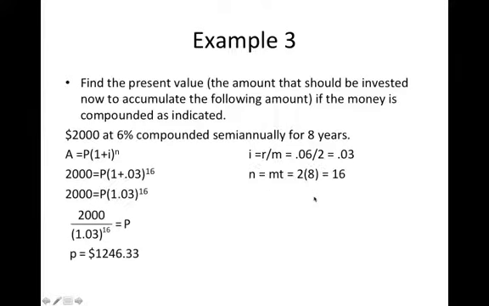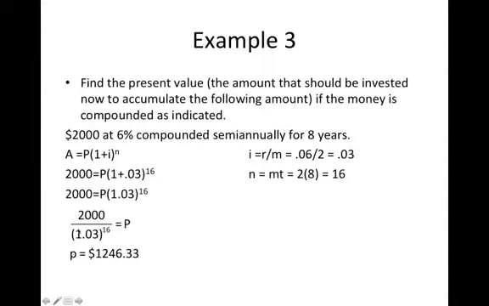So let's plug in these values. So we get 2,000 equals P times 1 plus 0.03, or 1.03, to the 16th power. Now I want to solve for P, and it's being multiplied by this expression right here. Don't evaluate 1.03 to the 16th power because you're going to be tempted to round it to too few decimal places. We're just going to divide both sides by that amount.